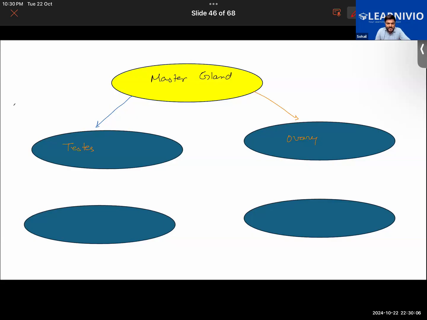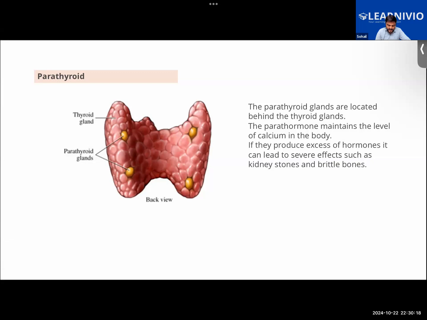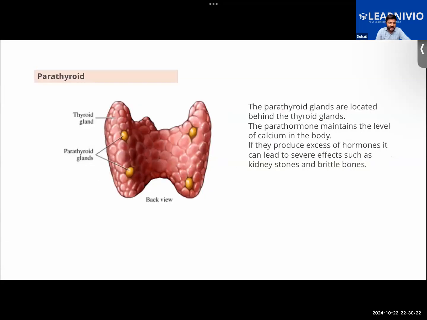So far today we have learned up to the pituitary gland. There are also two glands left: the pineal gland, also called the eye of the brain or the third eye, and the parathyroid.